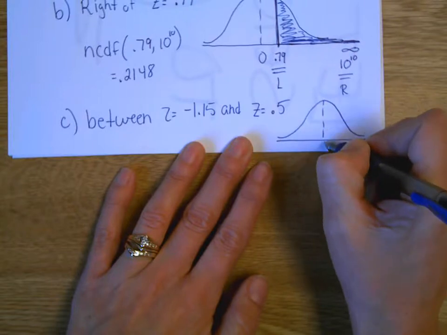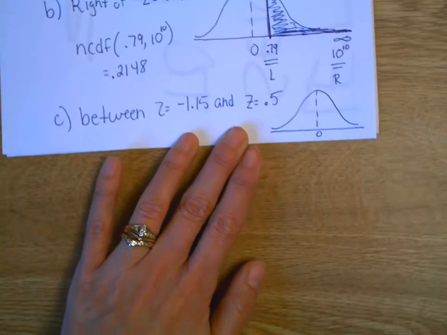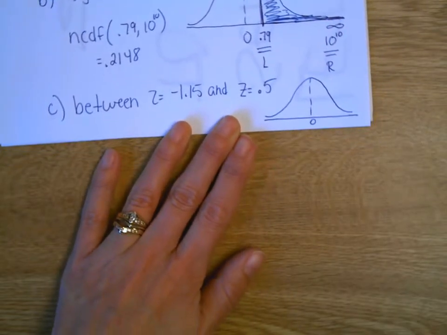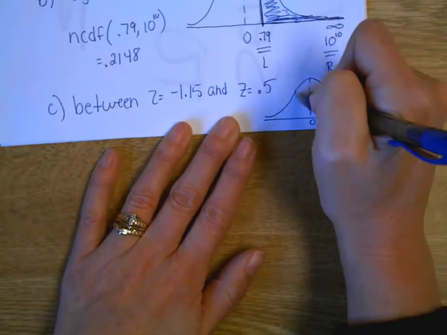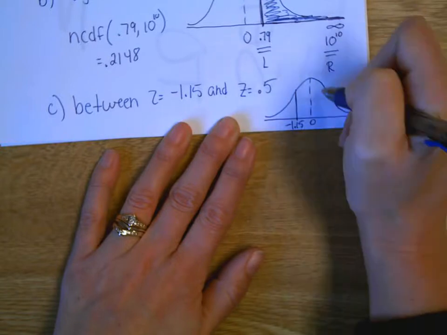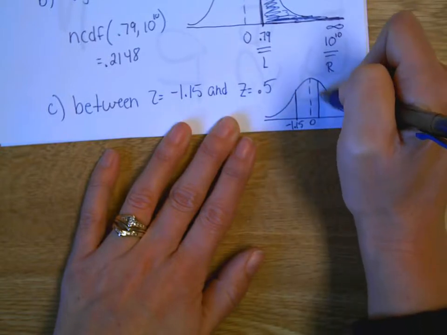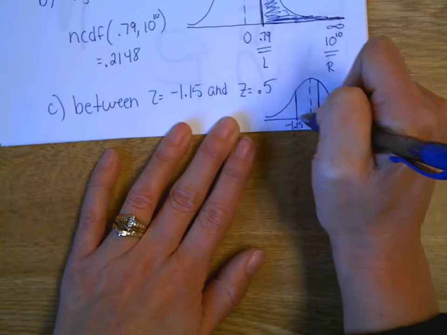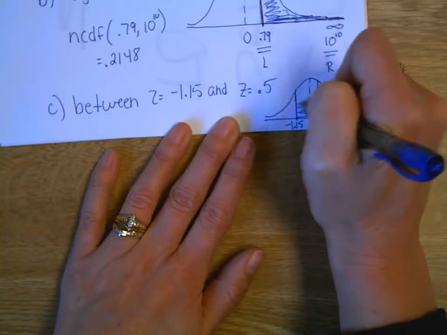I'm going to make the graph. There's the 0. Negative 1.15 is about here. 0.5 is about here. And I want the area in between.